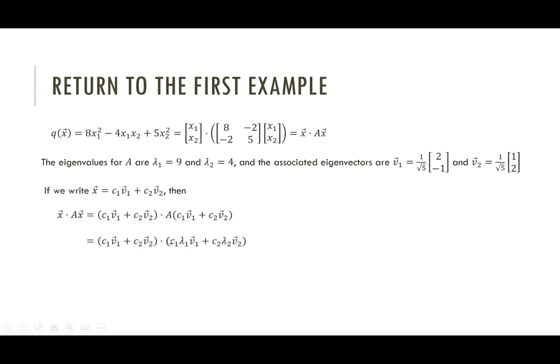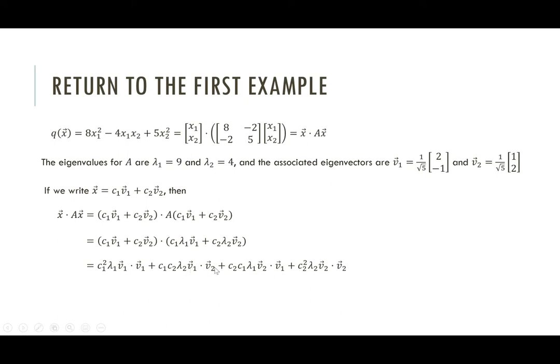Then we're going to have to FOIL this out, but the cross terms are all going to go away, because v1 dot v2 is going to be 0, since these are orthogonal vectors. Multiply this all out, you get this business. You can check to see if I have any typos. But note that the term with v1 dot v1, because these are normal vectors, they're length 1, v1 dot v1 is going to be 1.